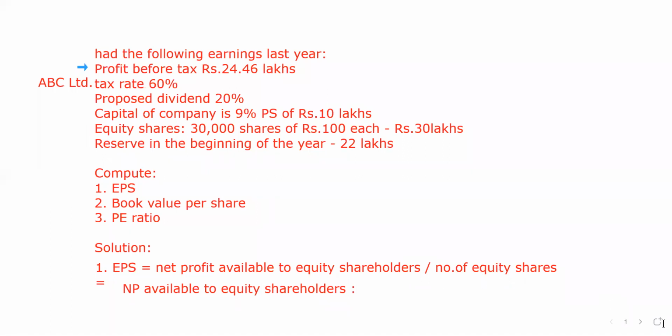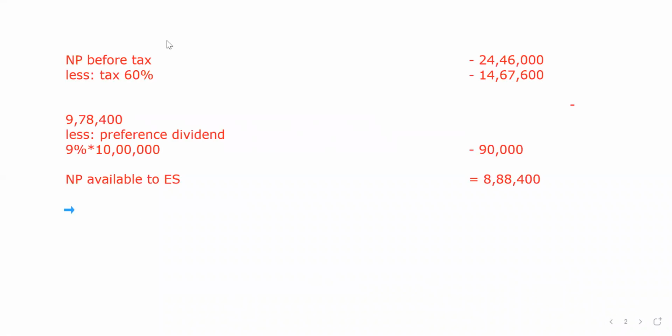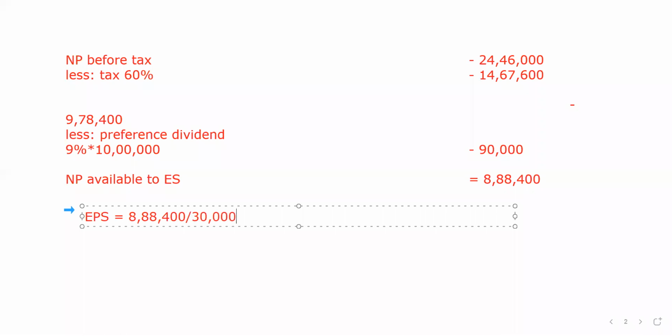Divided by number of equity shares. In the question, we can see that the number of equity shares is 30,000. See, 30,000 shares of rupees 100 each. So now EPS is equal to 8,88,400 divided by 30,000.